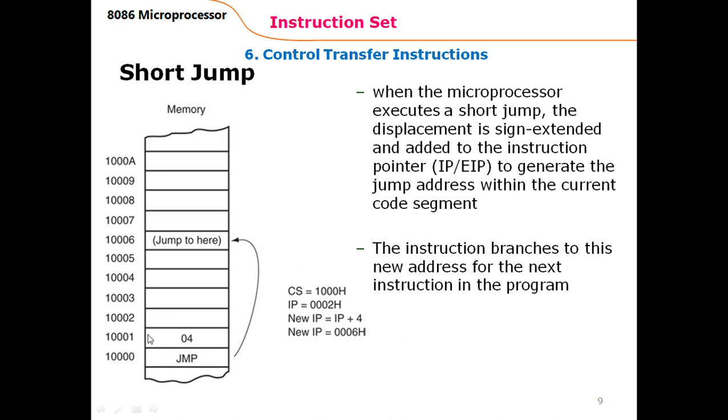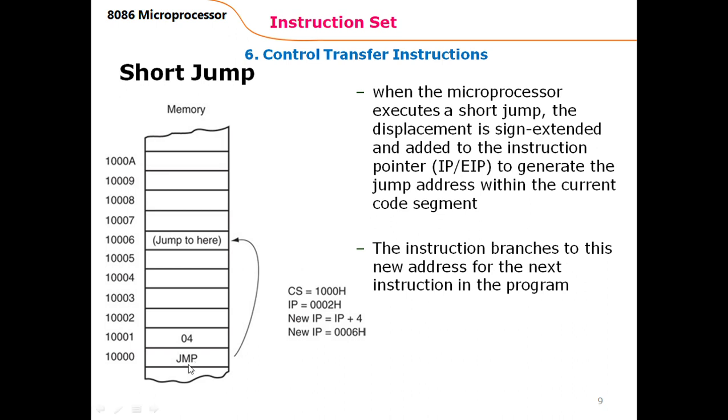So here is an example where the physical addresses 10000 and 10001, these 2 bytes, store a short jump, because we just saw that a short jump is 2 bytes long.